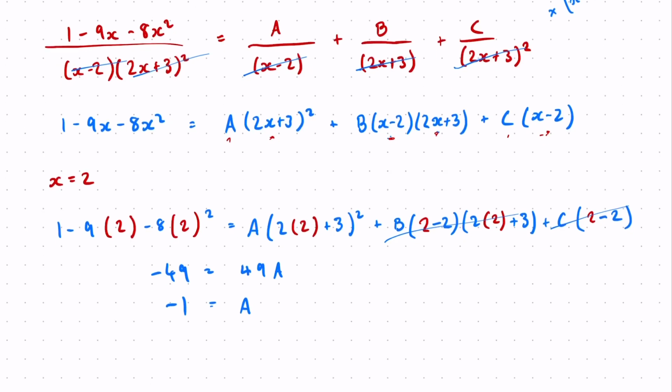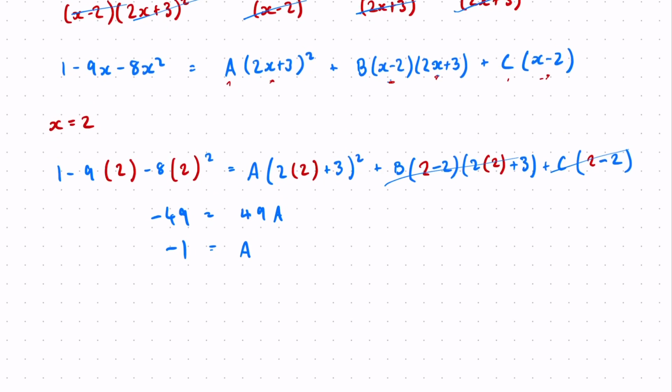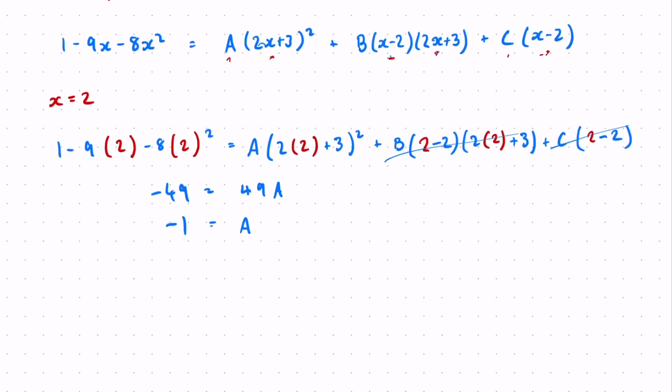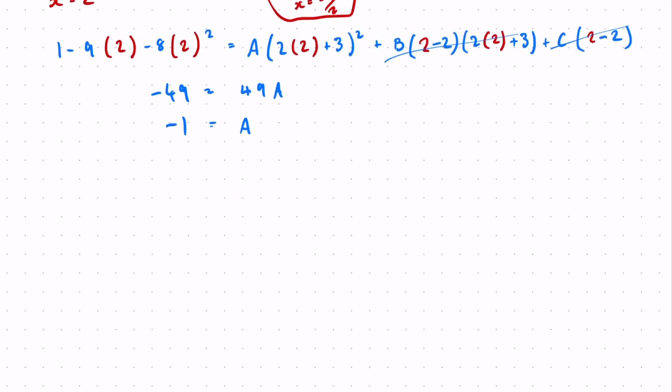Now I've got that, I can cancel out my A term, which will cancel out my B term simultaneously, by taking 2x plus 3 equal to 0, giving me x is equal to minus 3 over 2. So I'm going to use that now. So x is equal to minus 3 over 2.